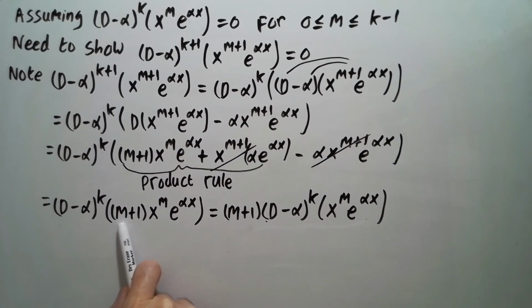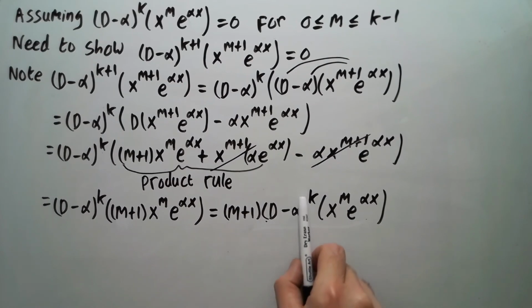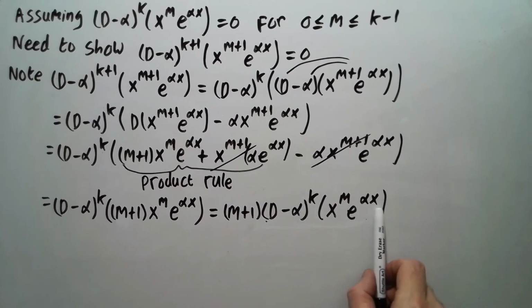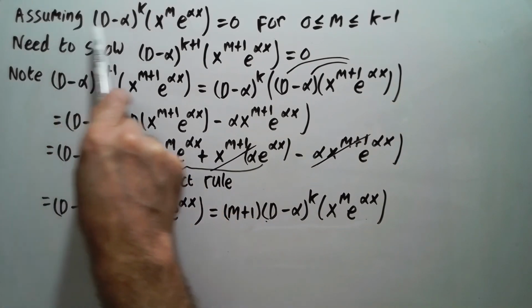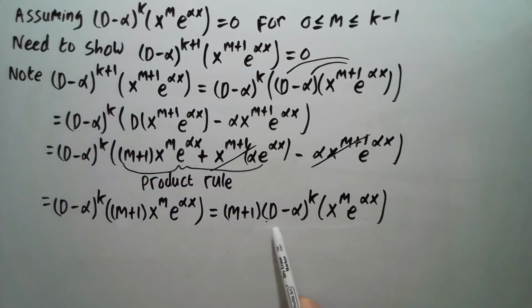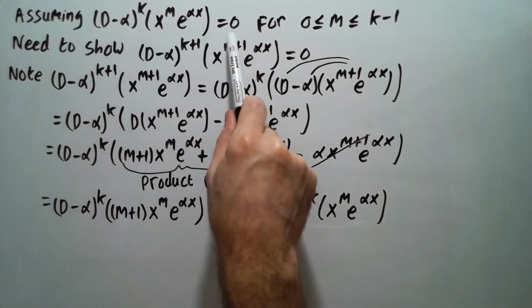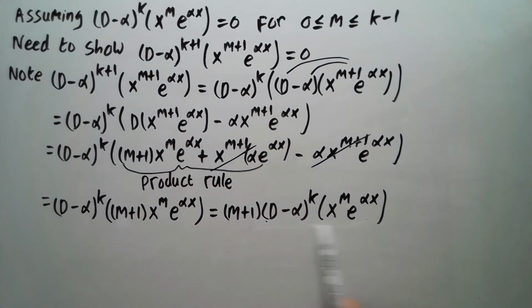Now the m plus 1 can come outside because this is a constant, so I can pull it out in front here. That'll be m plus 1 times d minus alpha to the k x to the m e to the alpha x. But up here we're assuming that's exactly the same as this. We're assuming that that's 0. So this guy is 0 by our assumption.